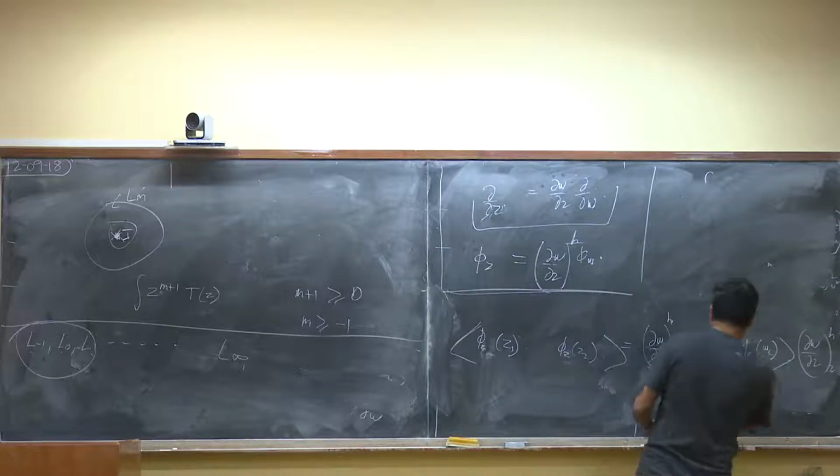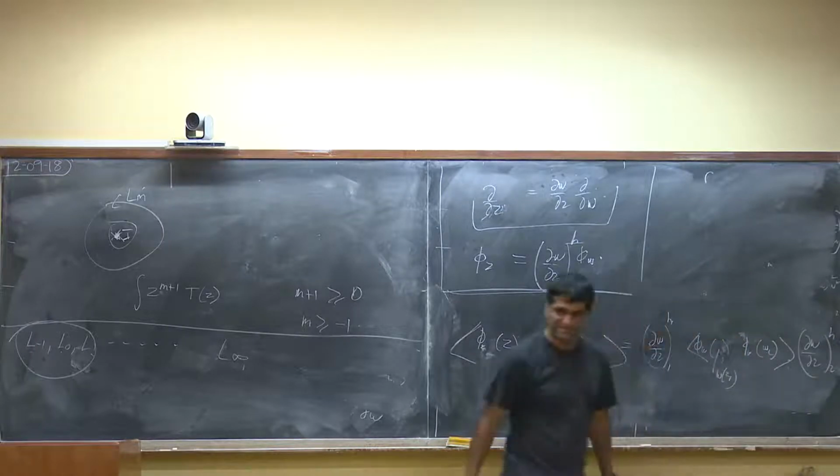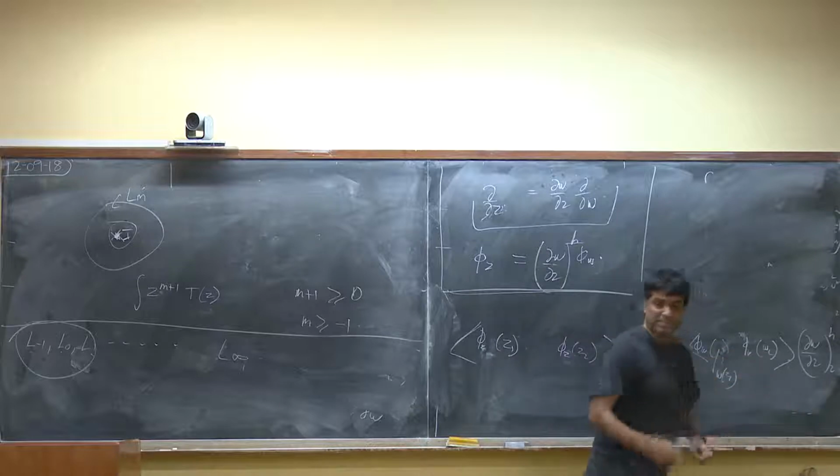So I've got w1, which is w as a function of z1, and w2, which is w as a function of z2.